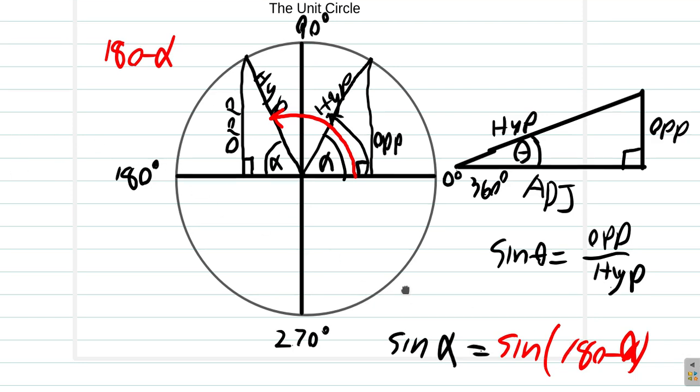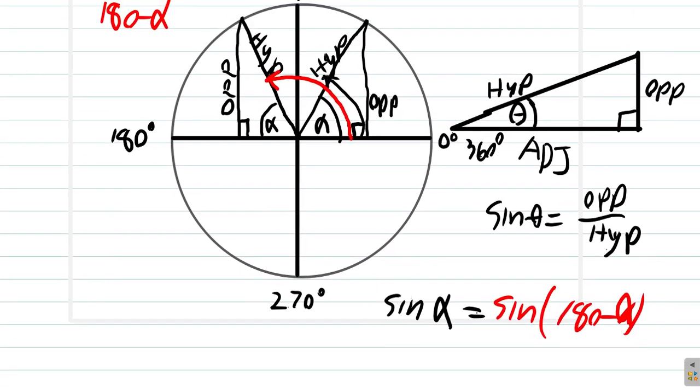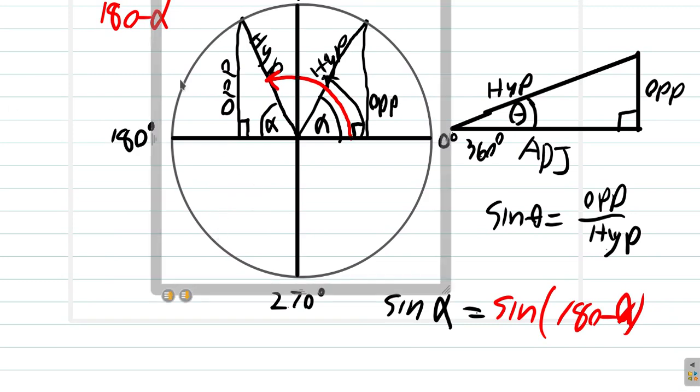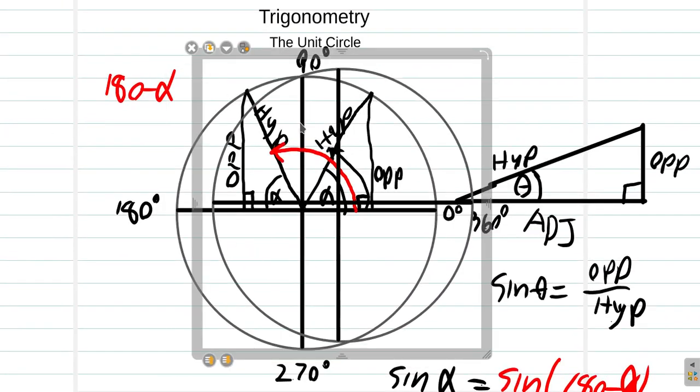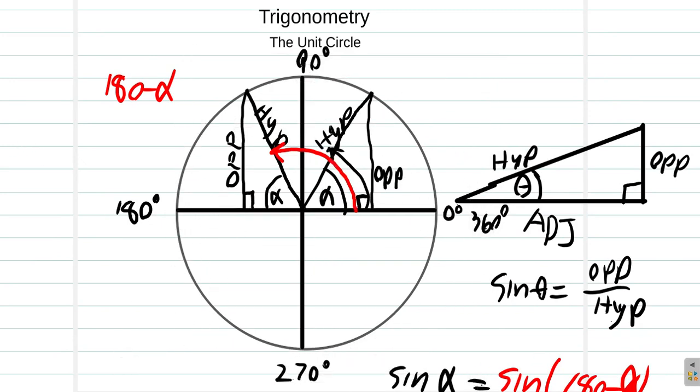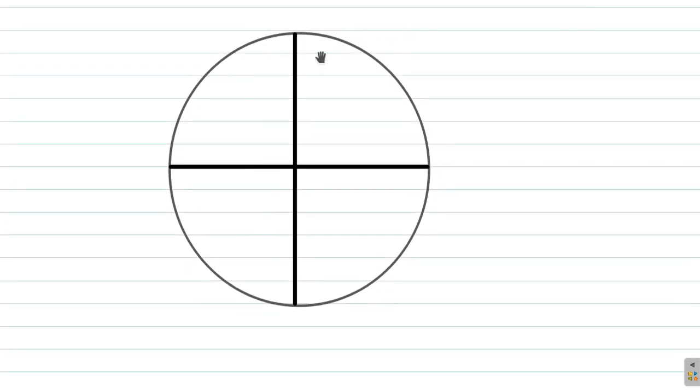I want to try it with some numbers. Let us see. Let's take this unit circle. I want to make a copy of it and put that copy down here and try it out. Suppose this angle here is, say, alright, call this 30 degrees, alright? That's 30 degrees. You have the opposite and you have the hypotenuse.